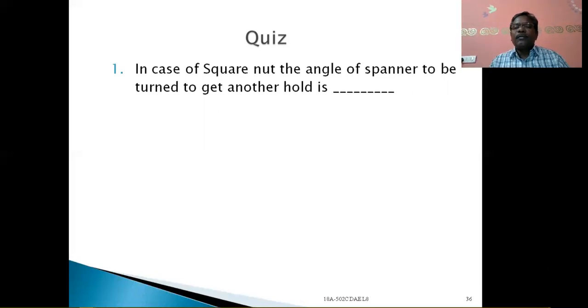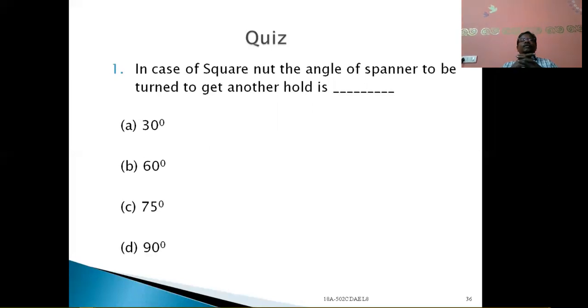That means that we have to turn 90 degrees. So the right answer may be 30 degrees, 60 degrees, 75 degrees, and 90 degrees. Whichever is the right answer. As per our discussion, simply we can say it is 90 degrees. D is the right answer. So 90 degrees will be the right answer.